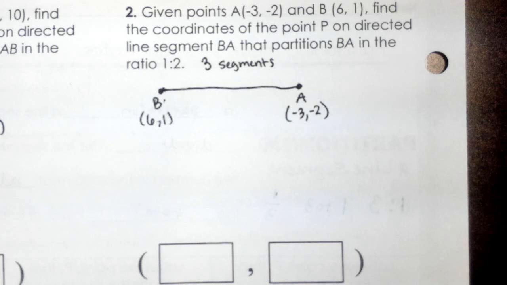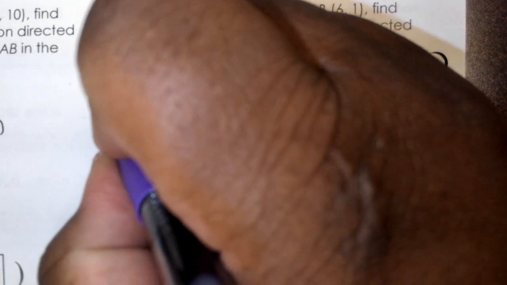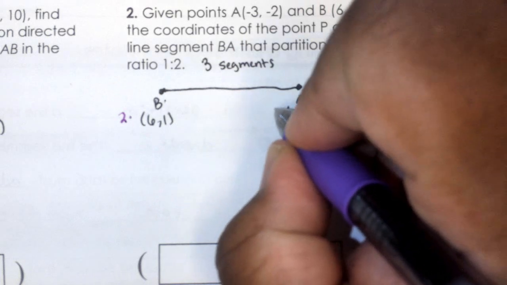No, 1 to 2. So we're multiplying point B, our first point, by the last part of the ratio, which is 2. Second point is going to be multiplied by 1. So we're flipping it. 2 here, 1 here.